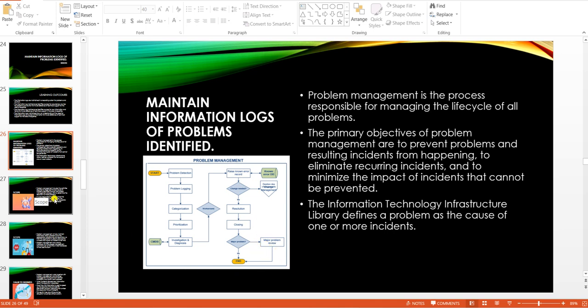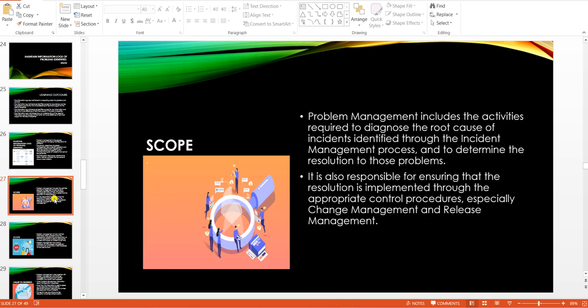It assists us in giving a thorough in-depth analysis of the problem and what we can improve going forward. And also the scope's main function is to determine the resolution to the problems, and it is also responsible for ensuring that the resolution is implemented through the appropriate control procedures, especially change management and release management.